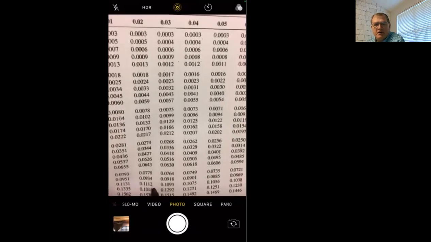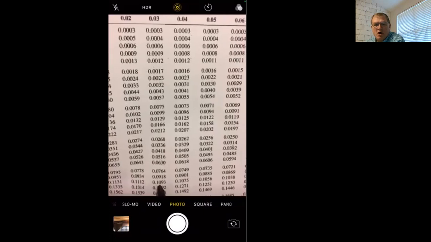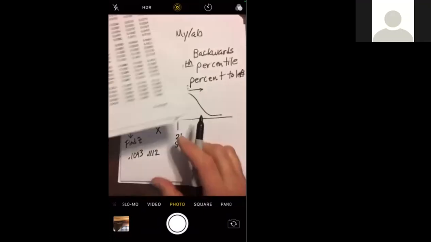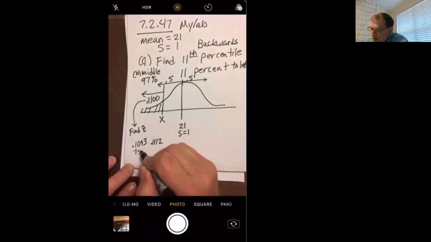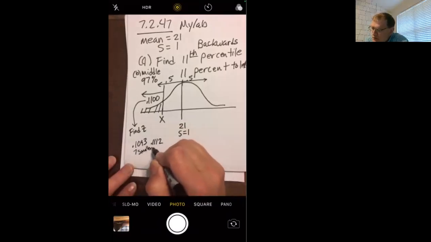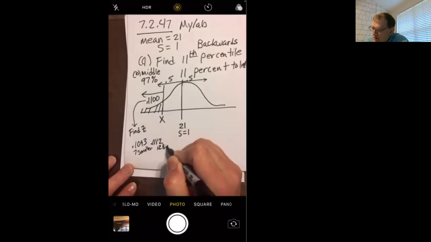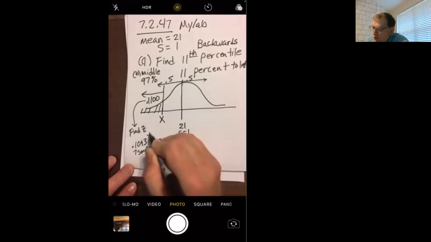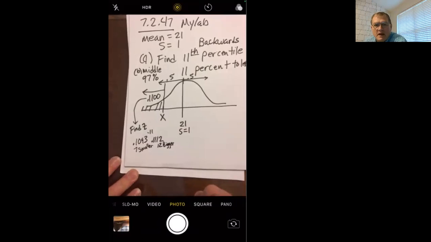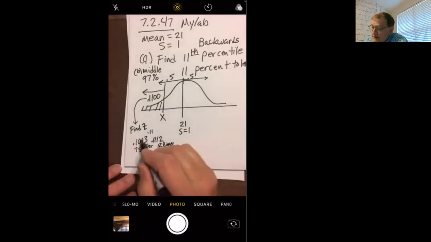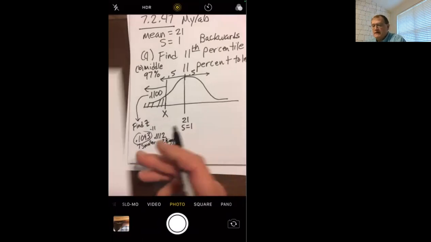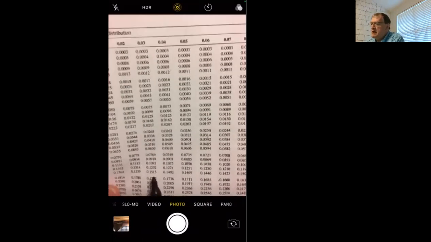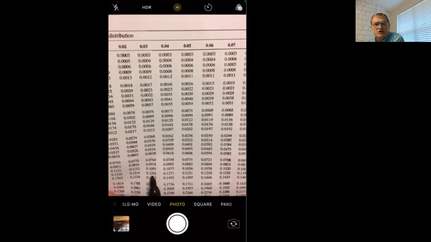This one's 12 bigger. That's about 7 smaller than 0.11. So I'm going to pick this, being the closest, giving me a Z of negative 1.2.